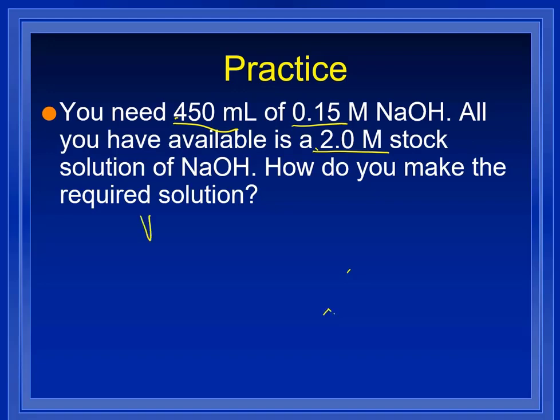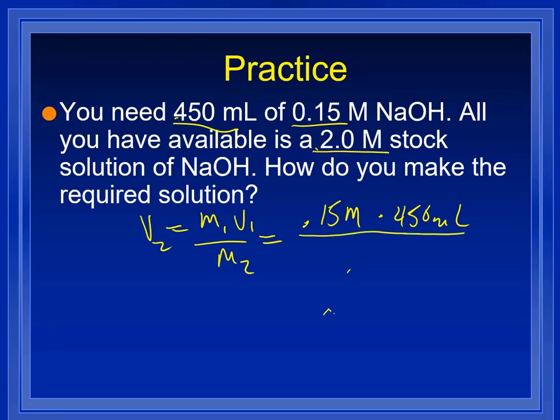So V2 is going to be M1 V1 over M2, which is 0.15 molar times 450 milliliters divided by 2.0 molar. 0.15 times 450 divided by 2, and I get 34 milliliters.